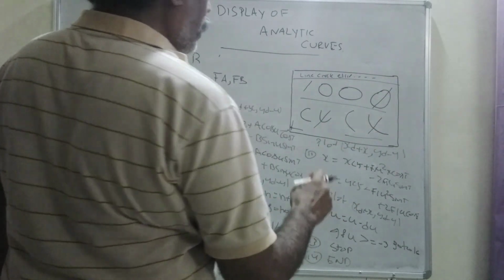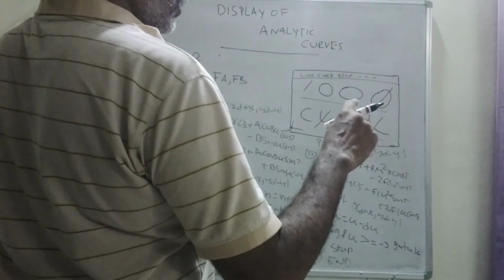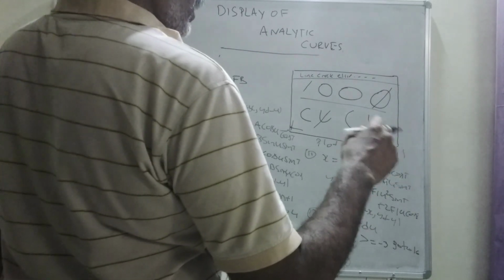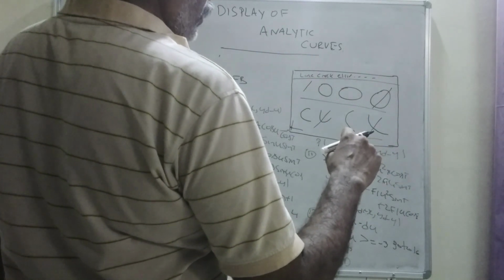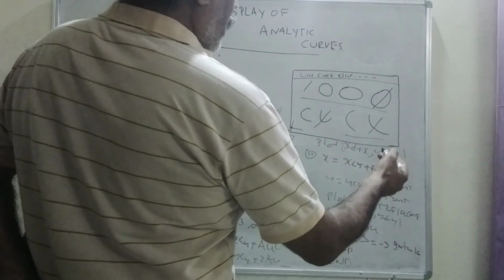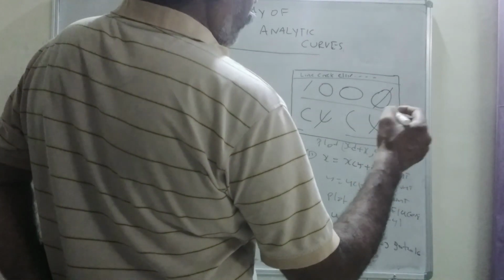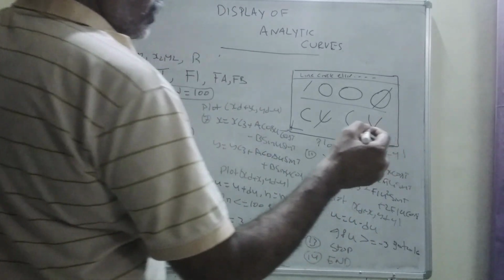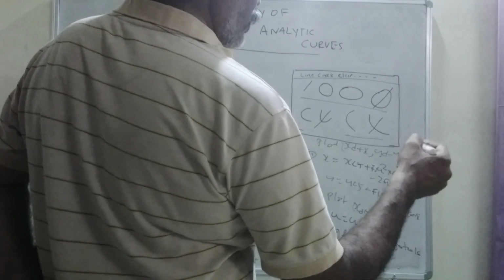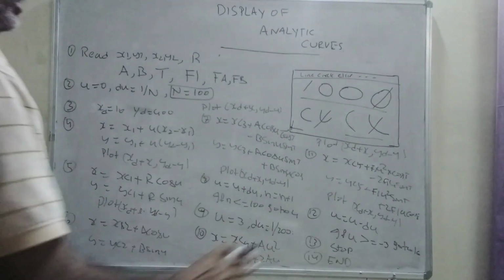And for inclined hyperbola, x is equal to xc7 plus a sinh u into cos t minus b cosh u into sin t, and y is equal to yc7 plus a sinh u into sin t plus b cosh u into cos t. So like that, this also can be included, you can write the program.